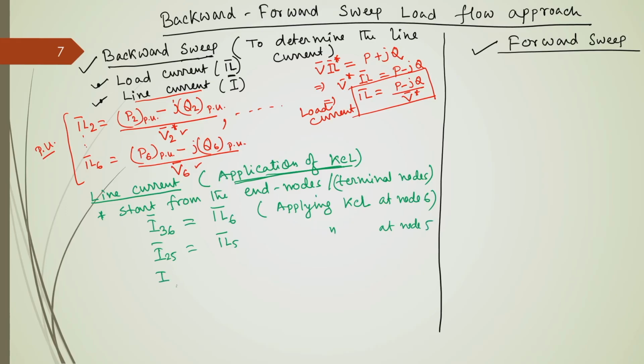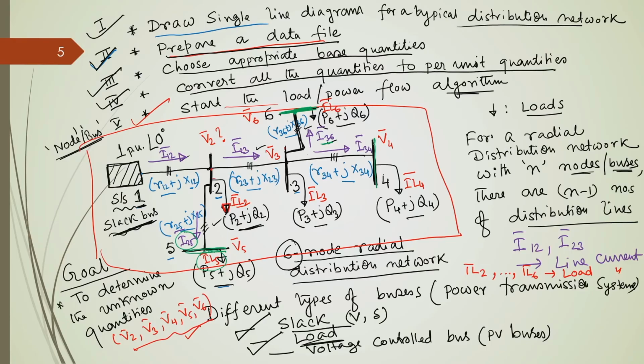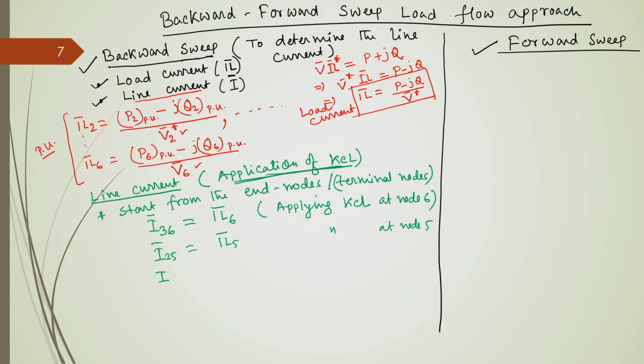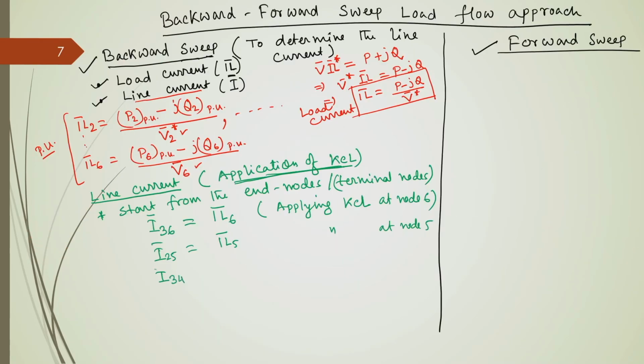Again we apply KCL at node 5. Similarly, we apply KCL at node 4. Node 4 is again a terminal node, there is no node connected beyond. So, we write the line current from 3 to 4 is equal to IL4. If we apply KCL over here, I34 is equal to IL4.